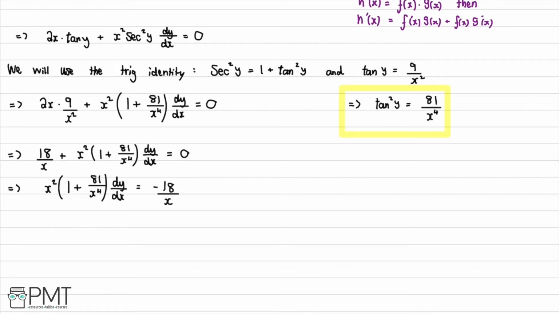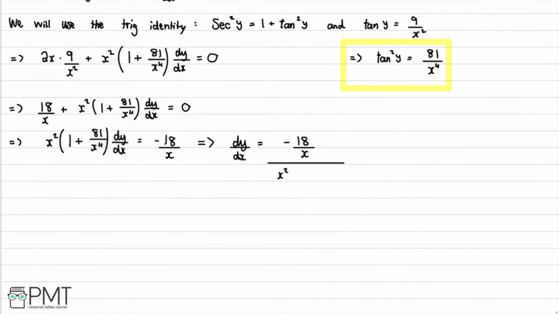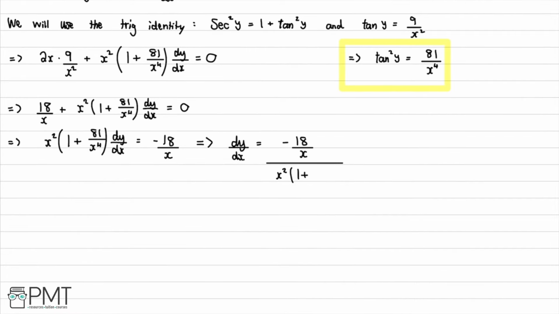Well, we're going to then divide both sides by this term here, and that will leave dy by dx on its own. So therefore, dy by dx is going to be equal to negative 18 over x, and then this whole thing is going to be divided by x squared multiplied by 1 plus 81 over x to the power of 4.